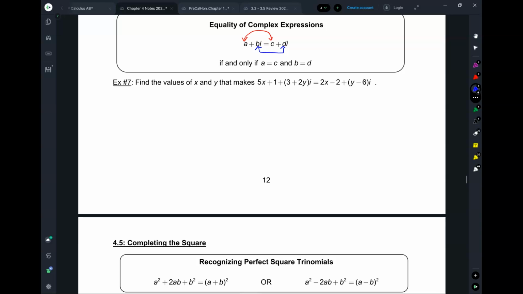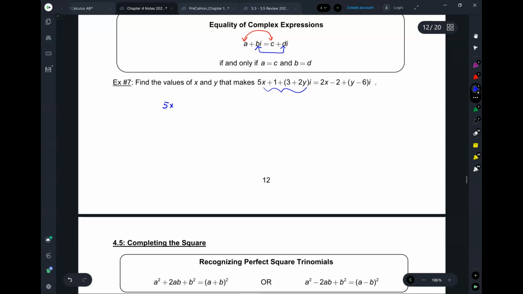Okay, so 5x plus 1. Take a look at what we have here. Do you see how in this one there is a real part and then there is an imaginary part? What's the real part in that blue? 5x plus 1 is the real part.